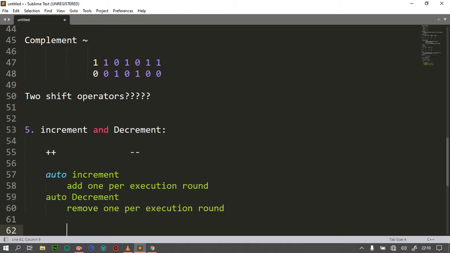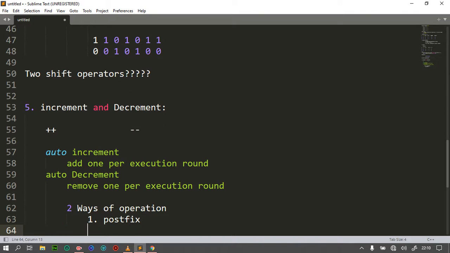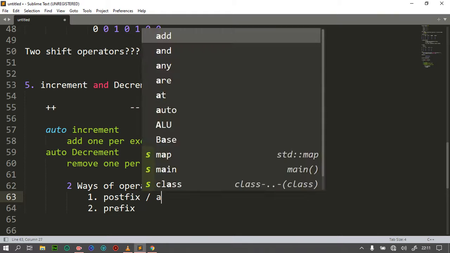All together. Now these two are categorized into two ways of operation. One, we have what we call postfix. Each of them has what we call postfix, and each of them has what we call prefix. Now, post means after in a layman's understanding.